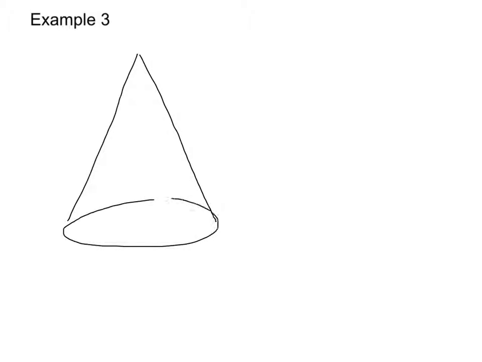A final example is a very typical one that you would see on an exam question. And it looks very much like this. Here is a cone. And we're told that the area of the base of the cone is 100 centimetres squared.